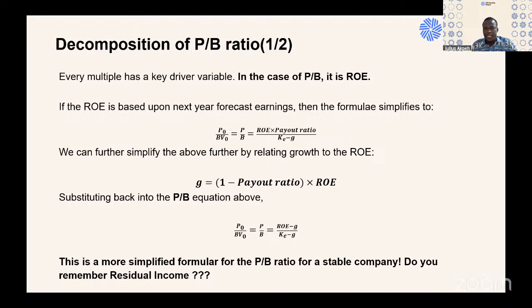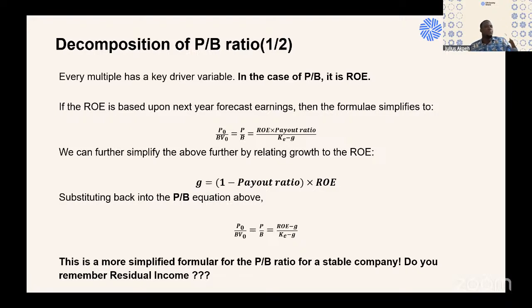Now, we can further simplify the above by relating growth to the ROE. Yesterday we found out something very beautiful: we said that 1 minus payout ratio is equal to the retention rate. And when we multiply 1 minus payout ratio by the ROE, the retention rate times the ROE, it gave us the growth rate.